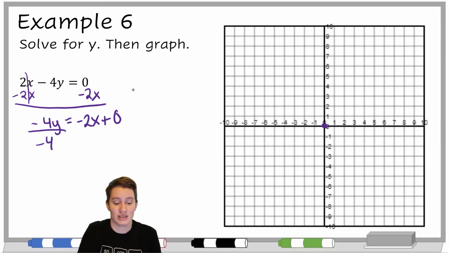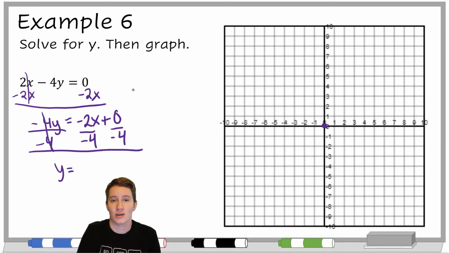But if you would like to have it written down because we would use it as our y-intercept anyway, that's fine. y equals negative 2 divided by negative 4 is a positive 1/2. 0 divided by negative 4 is 0. Like I said, you can put plus 0 here, you can leave the plus 0 off, whichever one makes more sense to you. From our y-intercept of 0, we want to go up 1 and right 2. And so here is our line.